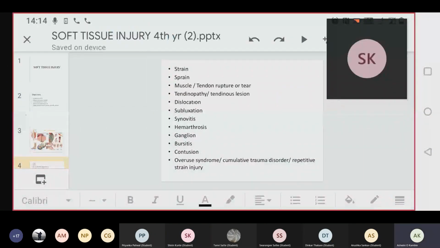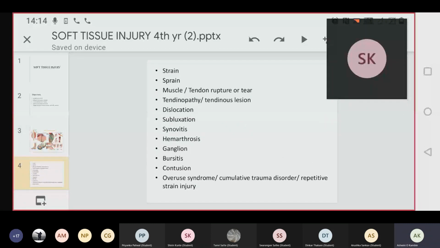Yes. So if there is involvement of the ligament, it is sprain. When there is involvement of your muscle or tendon, it is strain. The involvement can be a partial tear or a complete rupture. Then when there is an injury of the tendon, it is called tendinopathy. Depending upon what structure within the tendon is affected, because the tendon itself is covered with a sheath, there is synovial lining.